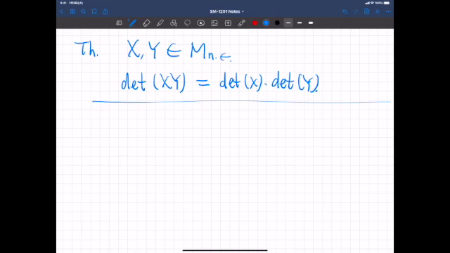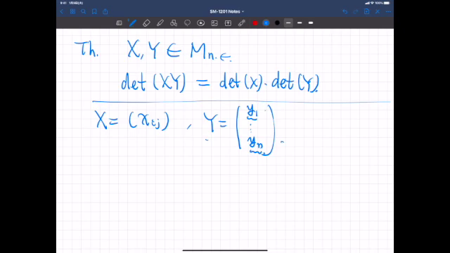For any n. Okay, so let's say x has these elements xij, and let's write y as a column vector of row vectors. So each row of the matrix y is represented as a row vector.